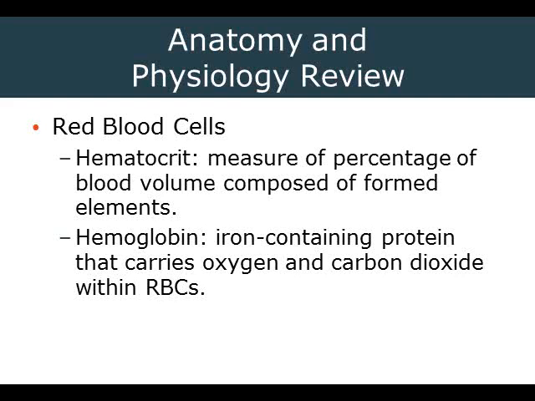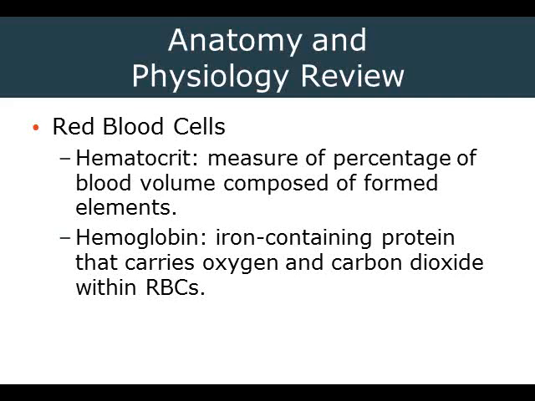Or you could have both be bad: low levels of formed elements in the blood and low amounts of hemoglobin on those red cells. Those are a couple of things that could potentially cause anemia. Back to hemoglobin for just a moment. The amount of hemoglobin that we find on those red cells is measured in grams per deciliter, which is slightly different than dextrose, where we look at milligrams per deciliter.